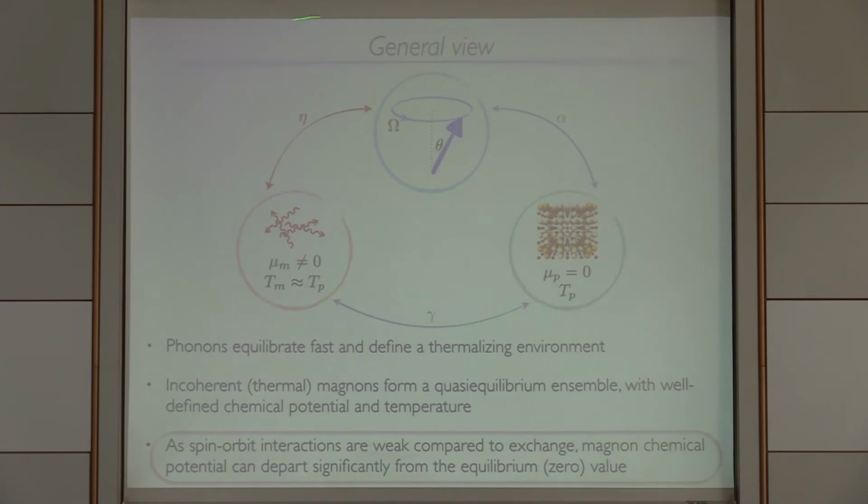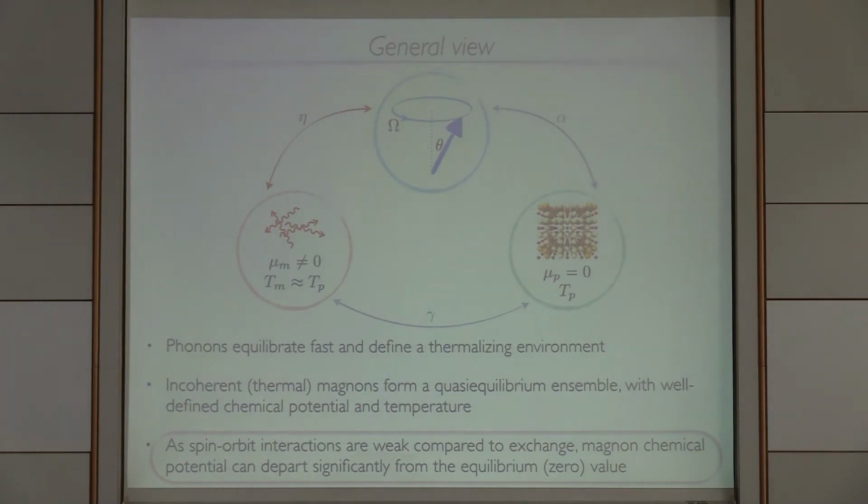Of course, such coherent dynamics is intricately coupled with the incoherent dynamics that could be understood as a gas of thermal magnons described by some temperature and a non-zero chemical potential.